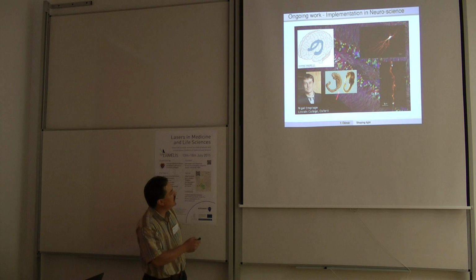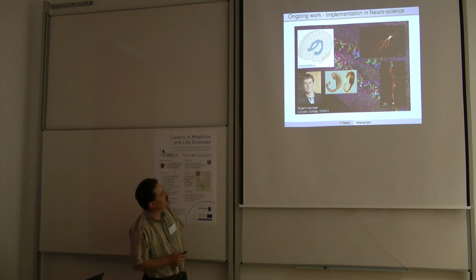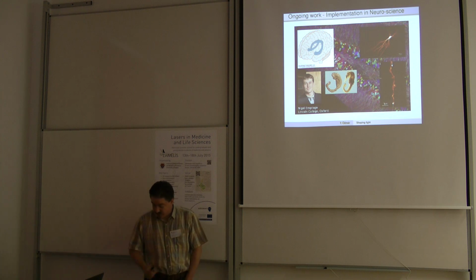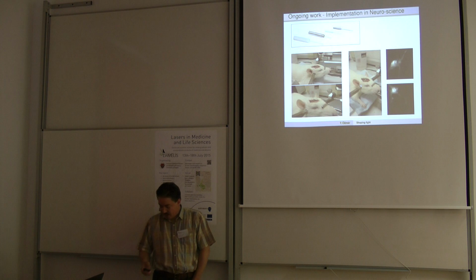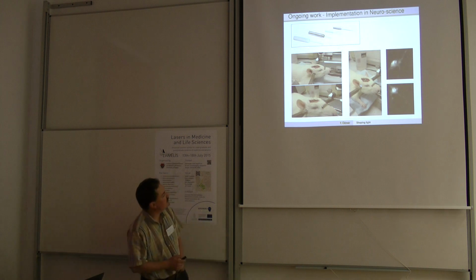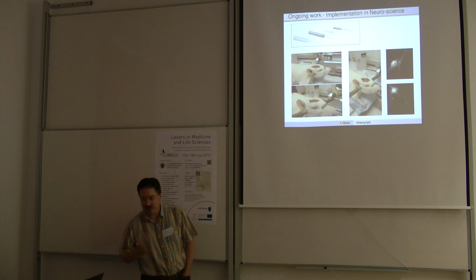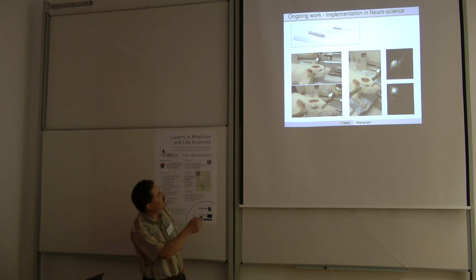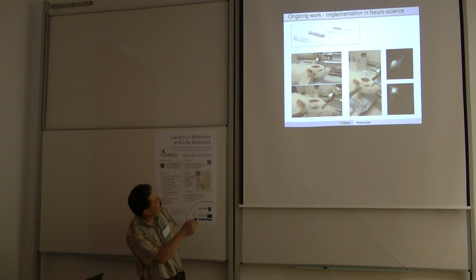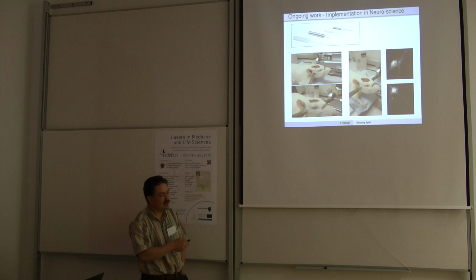And this is Nigel Emptage from Oxford, from the Department of Pharmacology, who studies the functionality of the hippocampus, information and memory. And these are some of our first experiments. This is nothing really gross. This is just dental cement holding the fiber. The fiber is actually coming through this kind of cannula, the ferrule, and it's just cemented on top of the brain of the rat.